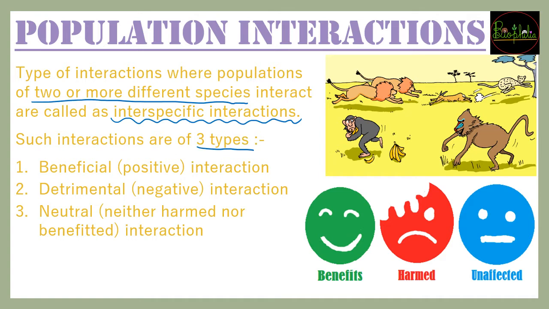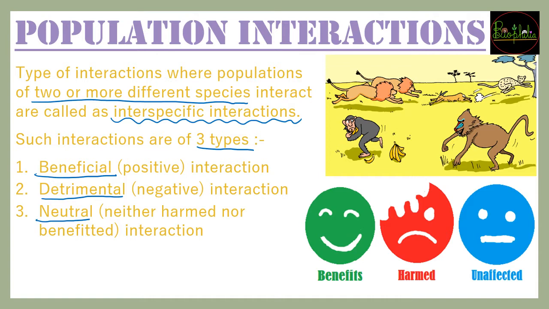So majorly it can be a beneficial interaction, यानी दोनों species को उससे फ़ायदा होगा and they would be enjoying those interactions. Second can be a detrimental or a negative interaction जहाँ पे one of the populations is going to be harmed for the benefit of the other population. या फिर थर्ड हो सकता है that neither is the first population benefited, nor is the second one harmed.